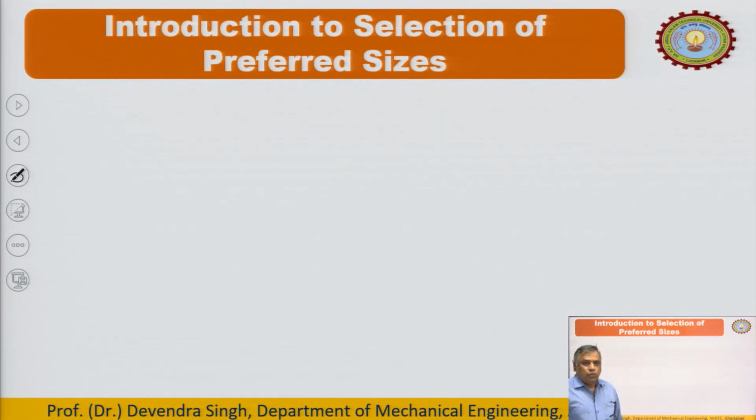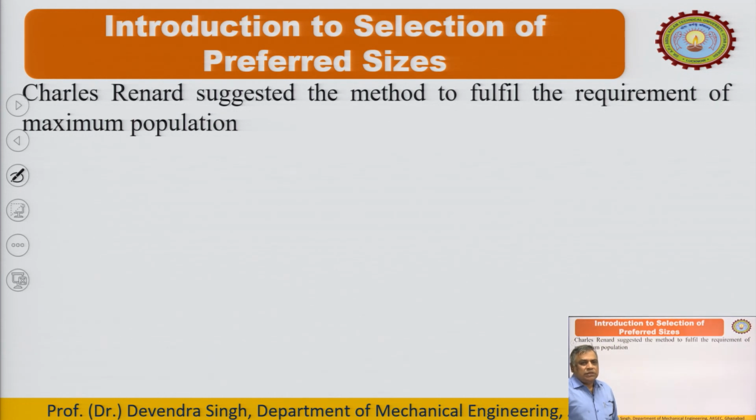First of all, what is preferred size? This is a philosophy given by Charles Renard. He suggested to generate a sequence or a table of various sizes which are in geometric progression, and he suggested some basic series. 5 basic series had been suggested by Charles Renard.